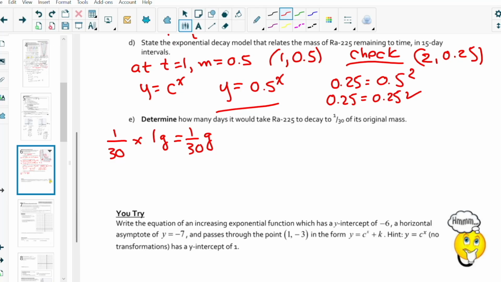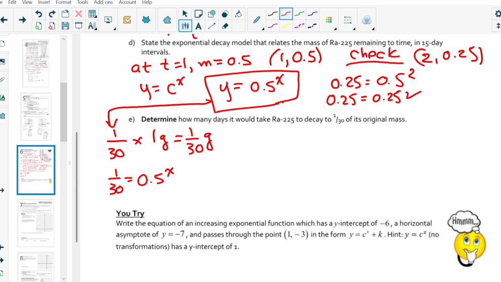We're looking for how many days. So we have our exponential function here. The y value, this is what we have at the end, right? Our mass is our y value, so 1/30th, if I set it equal to 0.5 to the x.